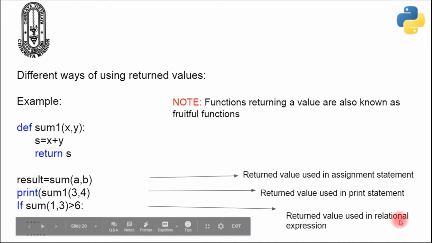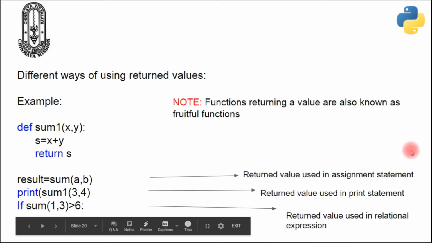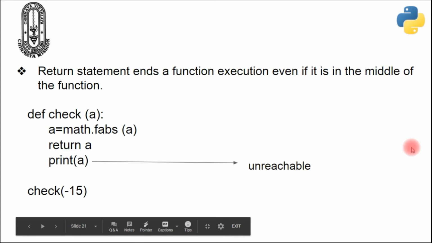The functions returning a value are also known as fruitful functions. If you don't use their value in any of these ways and just give a stand-alone function call, Python will not report any error, but their return value is completely wasted.